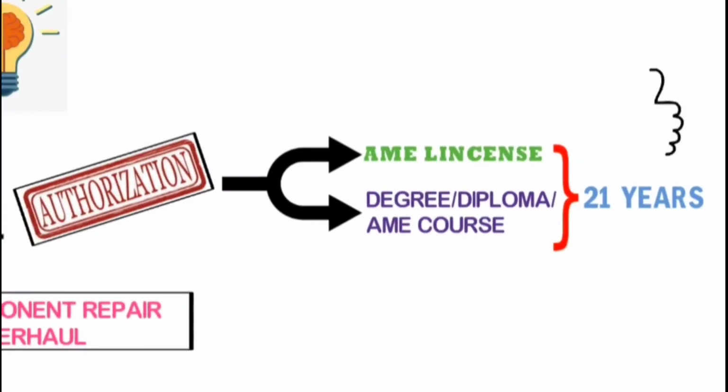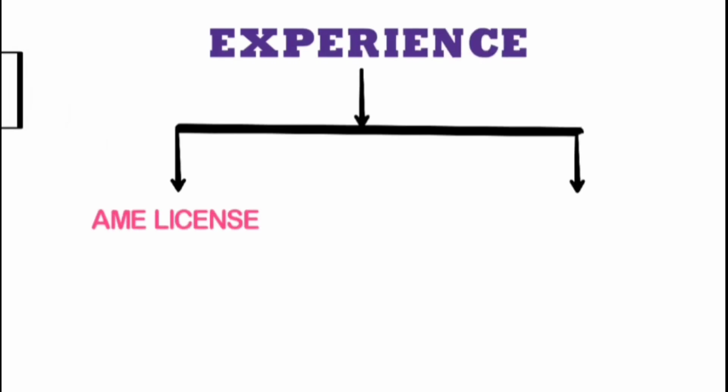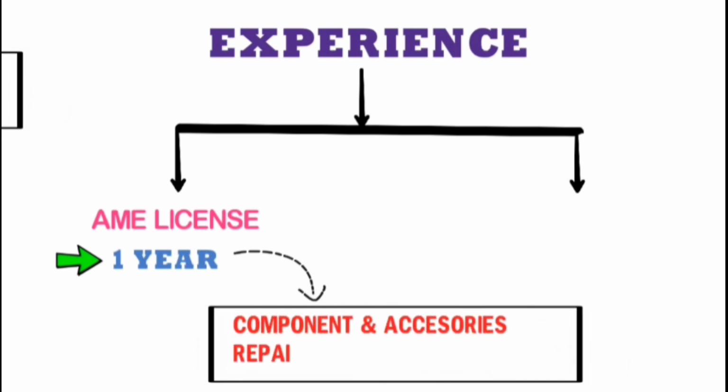So once you fulfill this criteria, the next thing is the experience requirement. As a license holder, you should have 1 year of experience, but not on an aircraft, but on components and accessories, which should be of the type overhaul, major repair or modification.